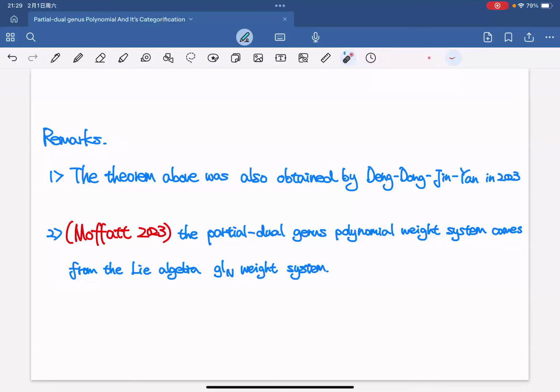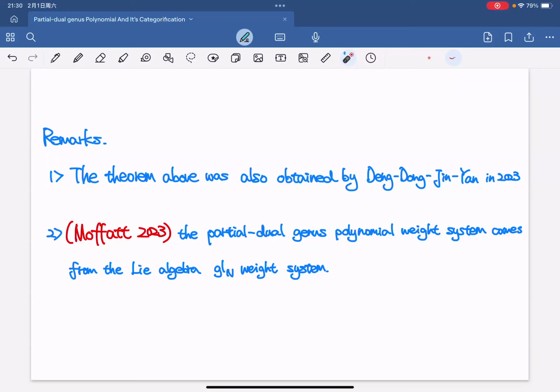I guess Professor Jin will give a talk in this conference, and he will discuss something closely related to this result. They found some more powerful results about this theorem; they extended it to more general objects.